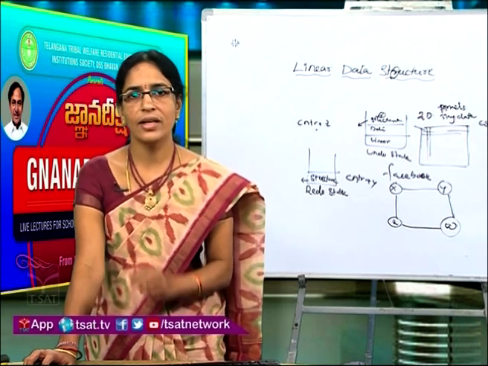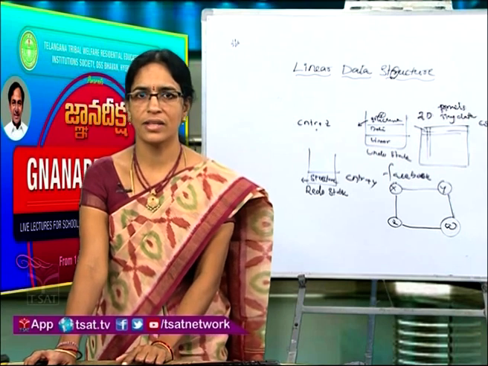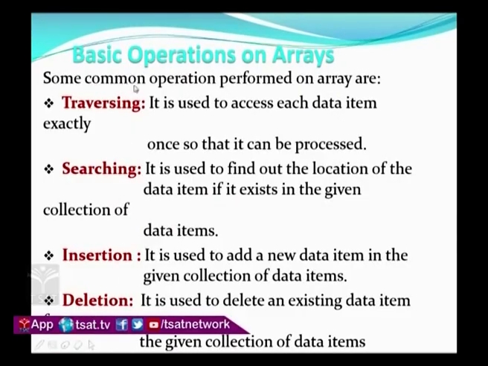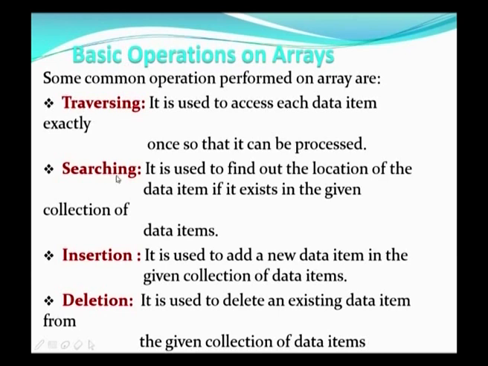These are the basic operations on arrays: traversing, searching, insertion, deletion. Traversing is used to access each data item exactly once so that it can be processed. Searching is used to find the location of a data item if it exists in the given collection of data items.